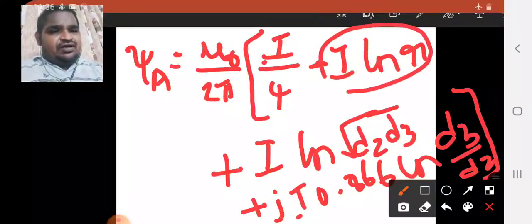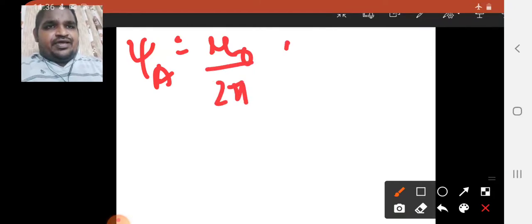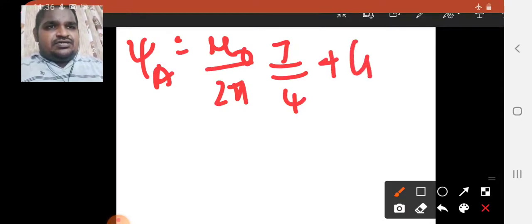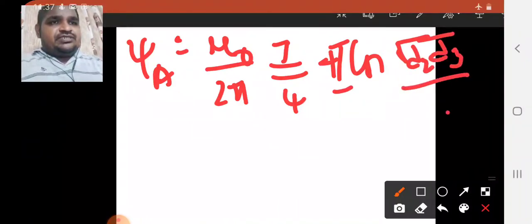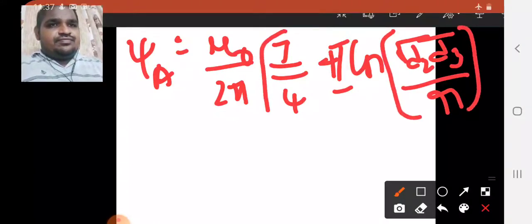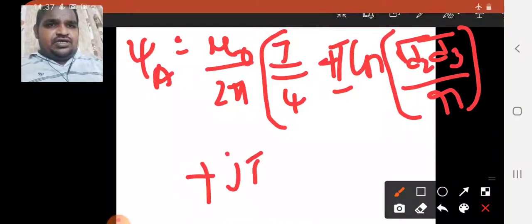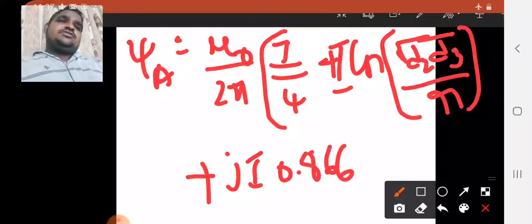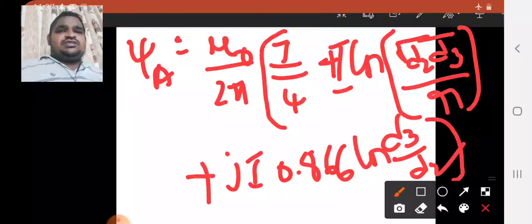We bring this ln r into the one term with ln D2 D3. Then psi A is equal to mu naught by 2 pi, I by 4 plus I into ln of square root of D2 D3 by small r, plus j I 0.866 ln D3 by D2. This is the expression for psi A.